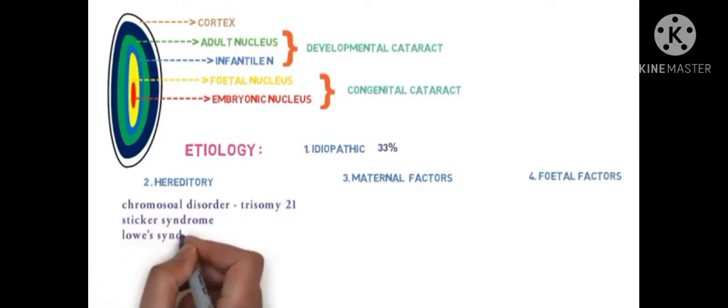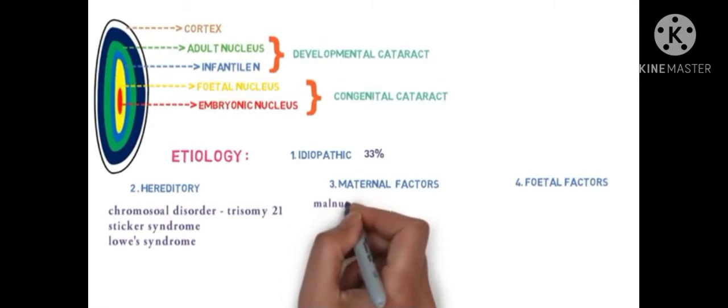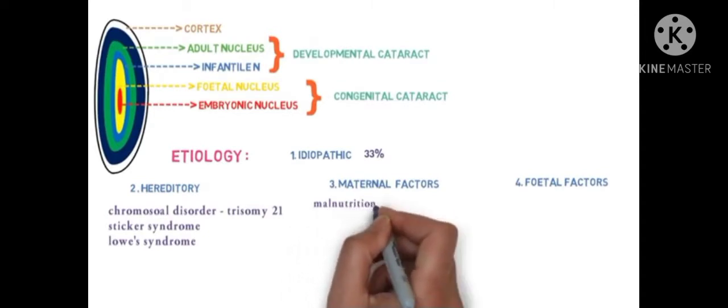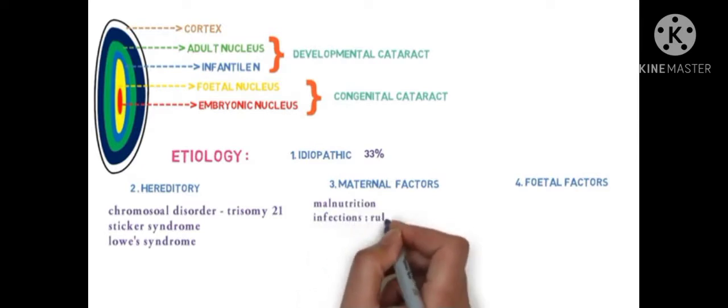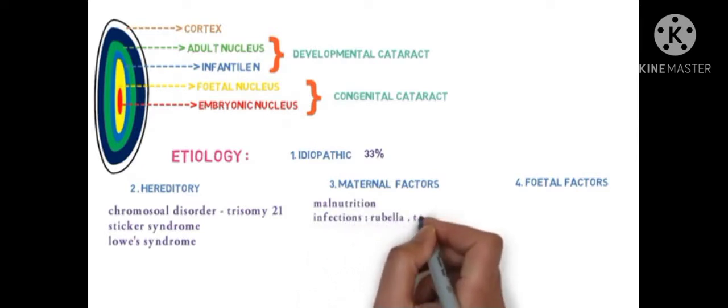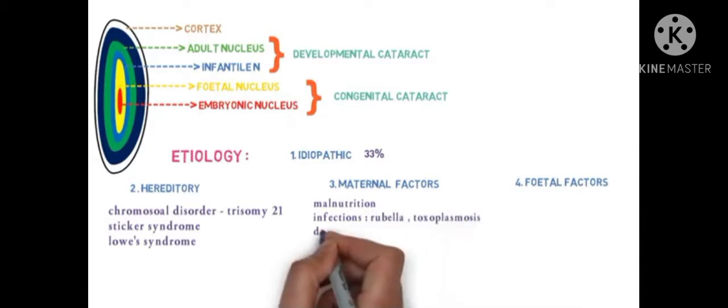And in maternal factors, there can be malnutrition during pregnancy or infection during pregnancy. Infections like rubella are generally associated with congenital cataract, or it can be due to toxoplasmosis.